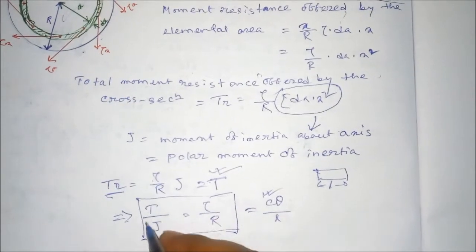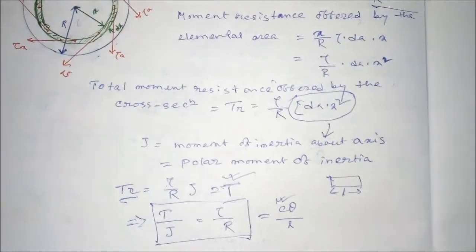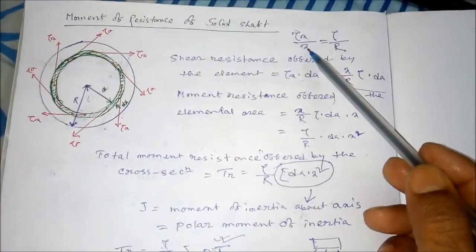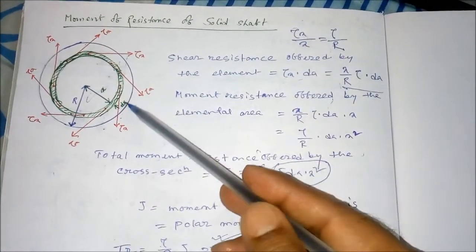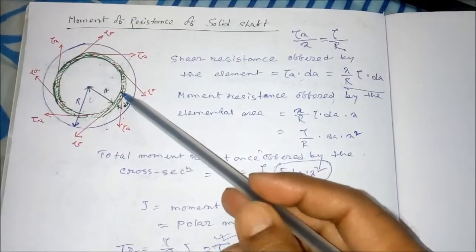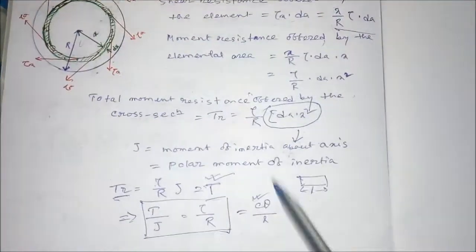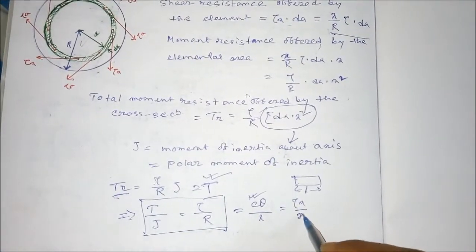So T by J is also equal to this, and eventually we have written that this is equal to tau x by x, where tau x is the shear stress at a particular point x distance apart.